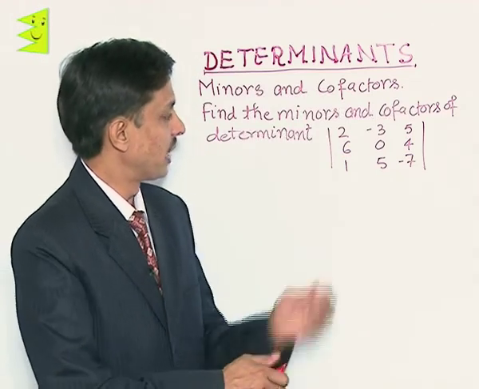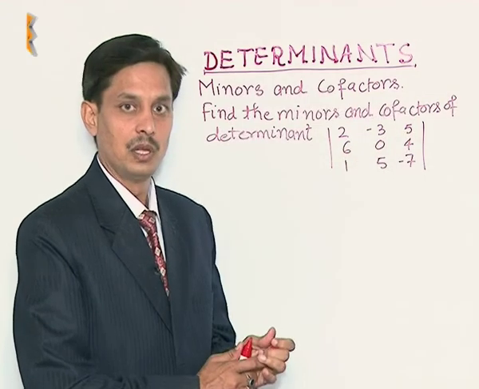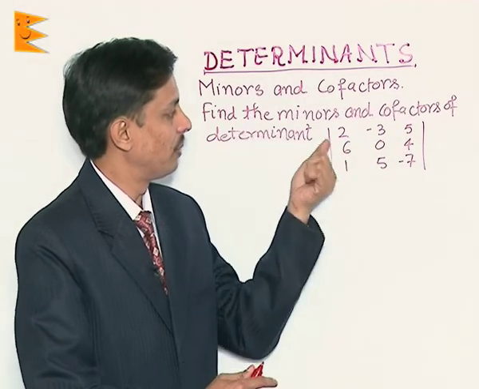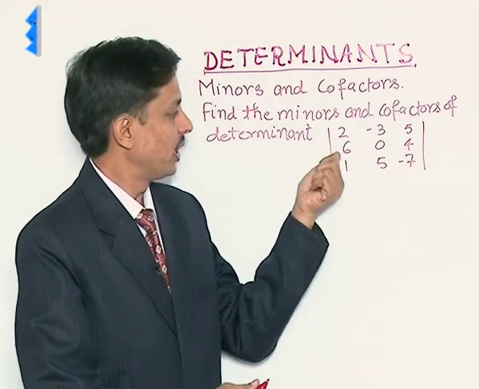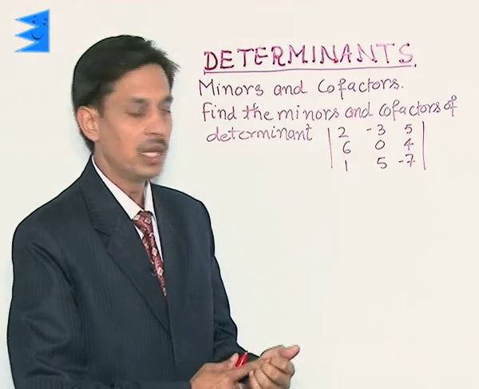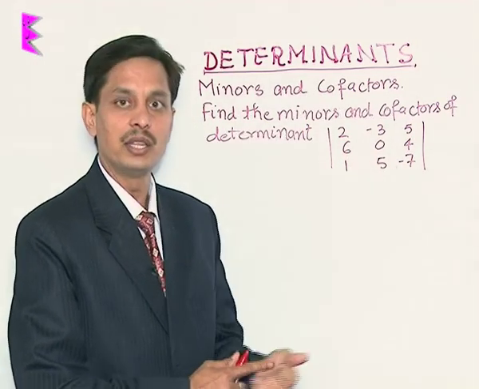So the very first thing: we have the first row 2, -3, 5. The locations of these elements are given by A11, A12, A13. This is A21, A22, A23, and the third row A31, A32 and A33.